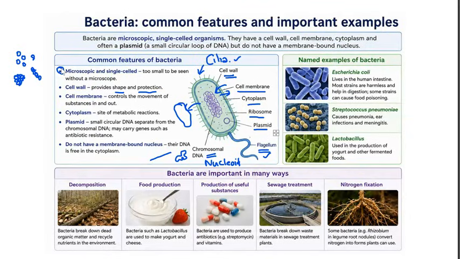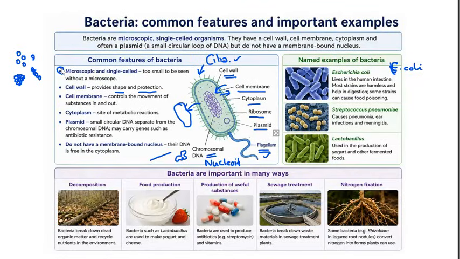Bacterial cells are well studied, particularly in things like disease and in food production. A famous bacteria is this one here, Escherichia coli, often abbreviated to the better known E. coli. So the species epithet is just reduced to a capital E, and then we put a dot and coli.